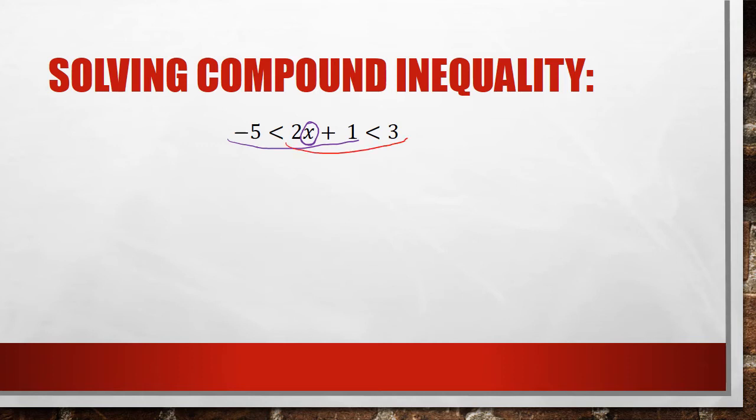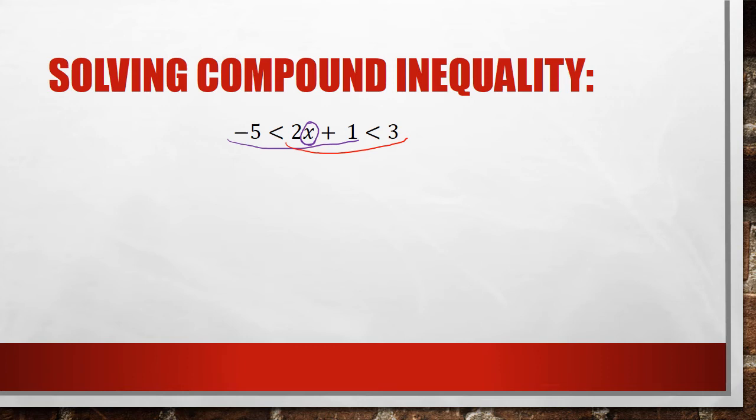To solve such a compound inequality, we have to isolate the x in the middle and apply whatever properties we are using to get rid of numbers to all sides of the compound inequality.